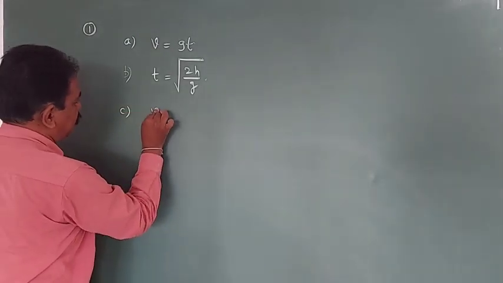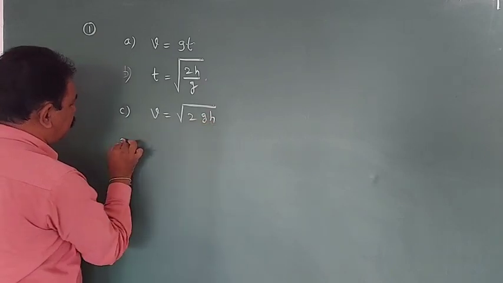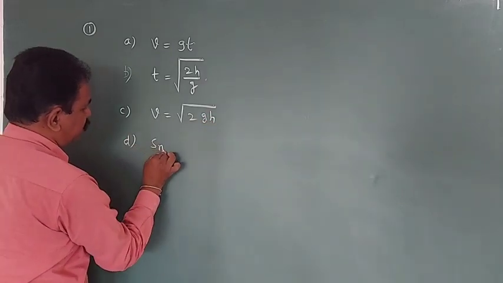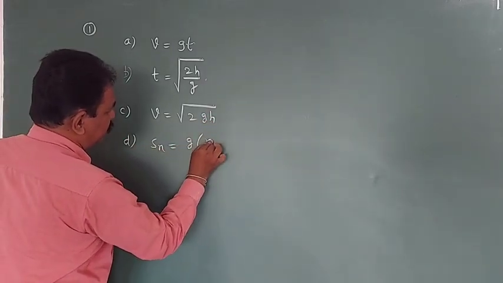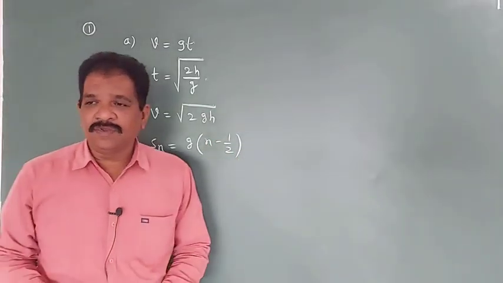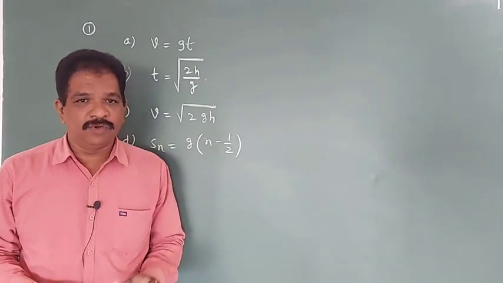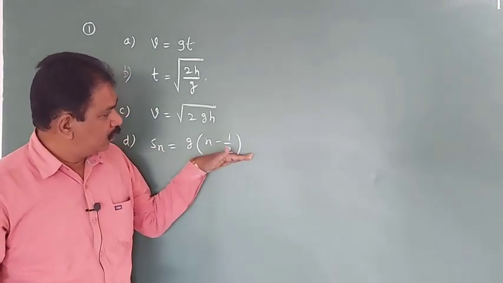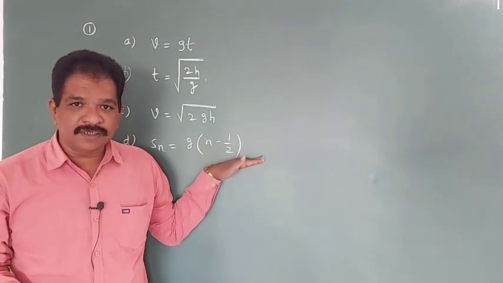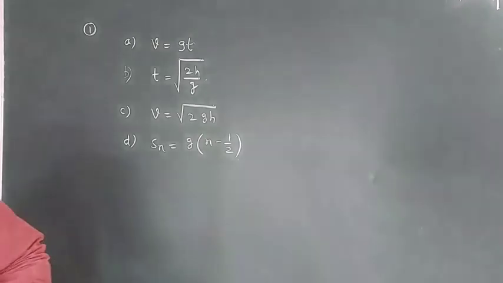Next, v is equal to root 2gh, Sn is equal to g into n minus half. These are the equations of motion for a freely falling body. Clear? Up to here we discussed in the last class. We'll continue the remaining. Okay?